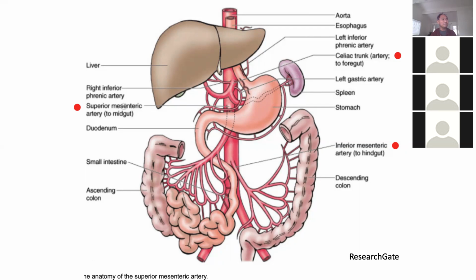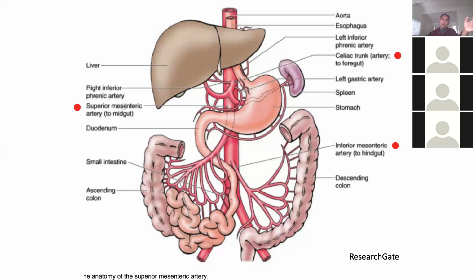These are the three, which are the celiac artery, celiac trunk, superior mesenteric artery, where is the superior mesenteric artery, and inferior mesenteric artery here. So these are the unpaired and paired branches coming from the aorta.